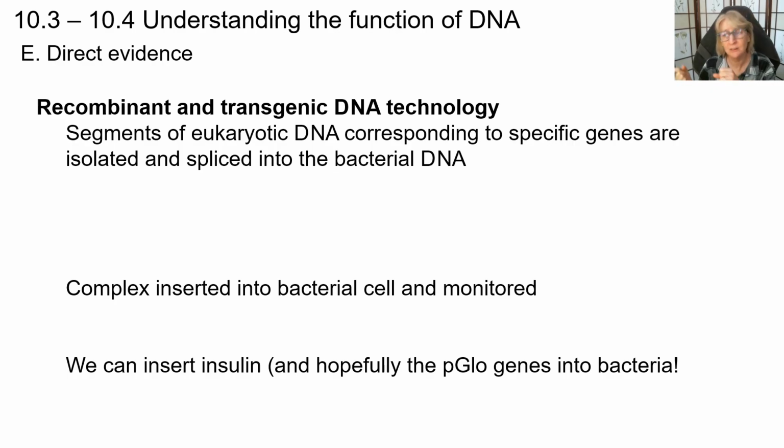We are tying a jellyfish glow-in-the-dark gene into our bacteria, and hopefully in the plasmid that we insert, if it will uptake it, we will splice genes into two different organisms. We can do that by manipulating the DNA. It's not the proteins. We can directly do it now.